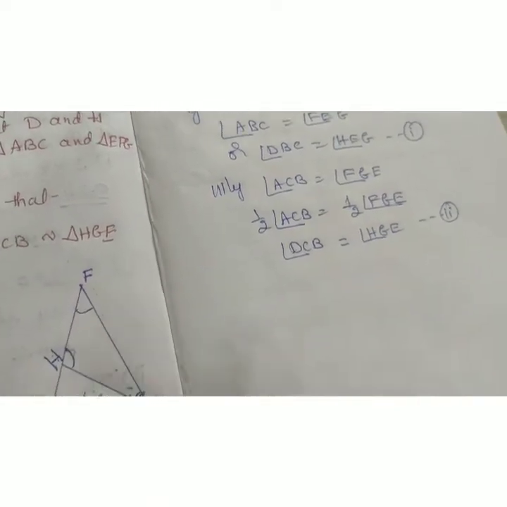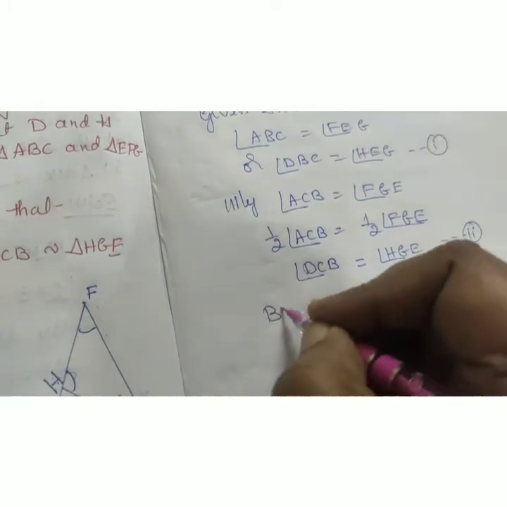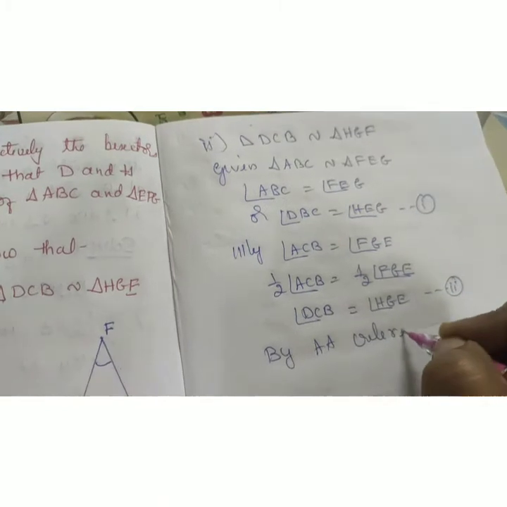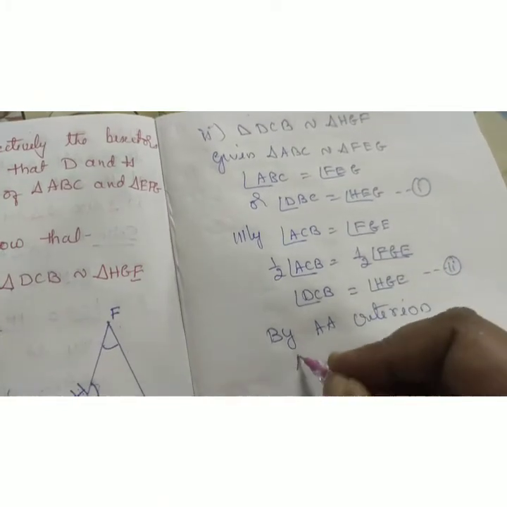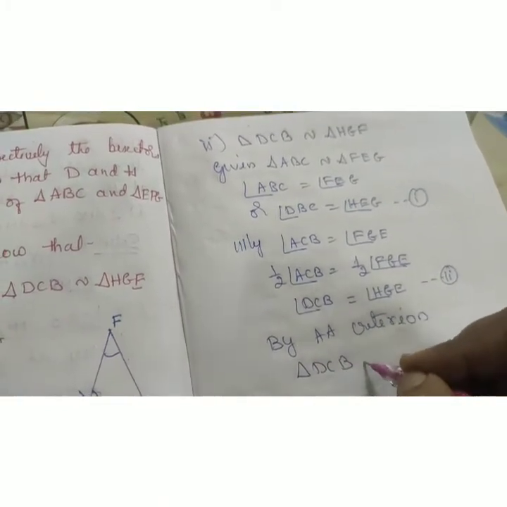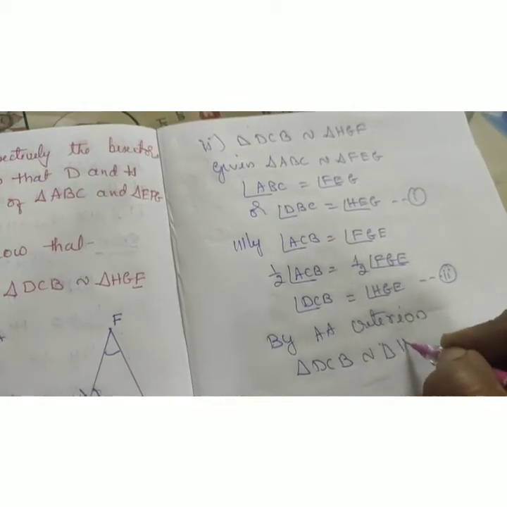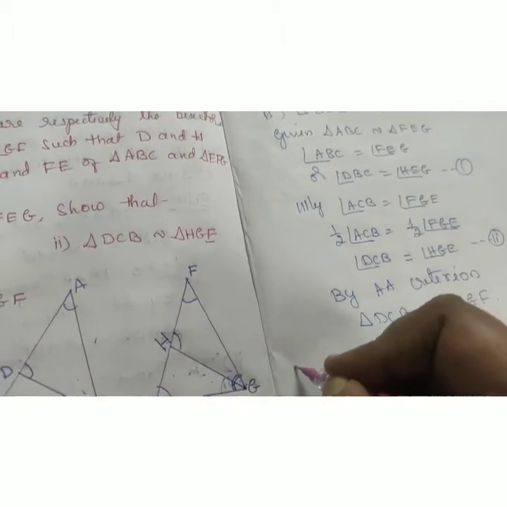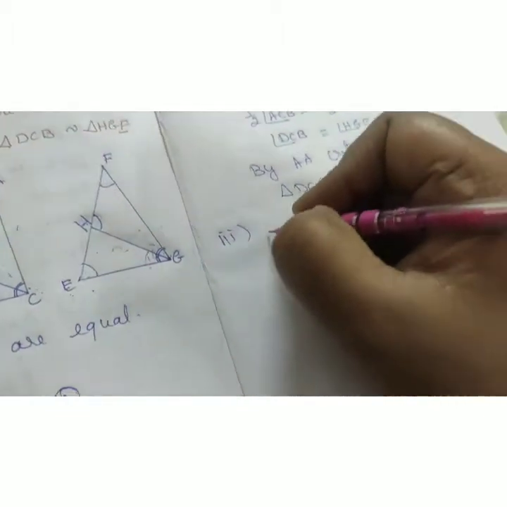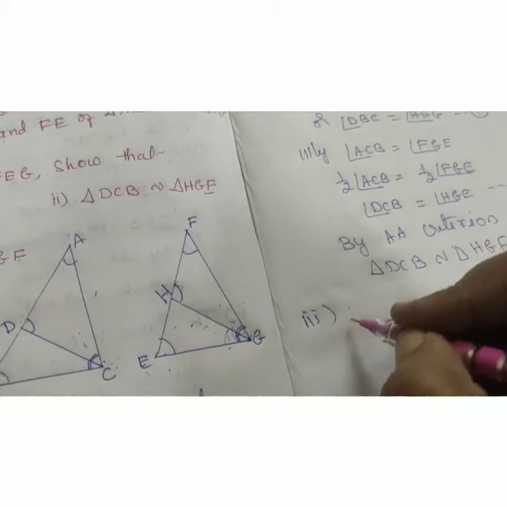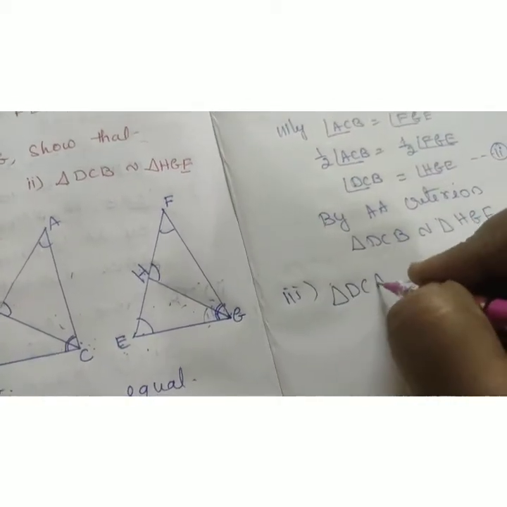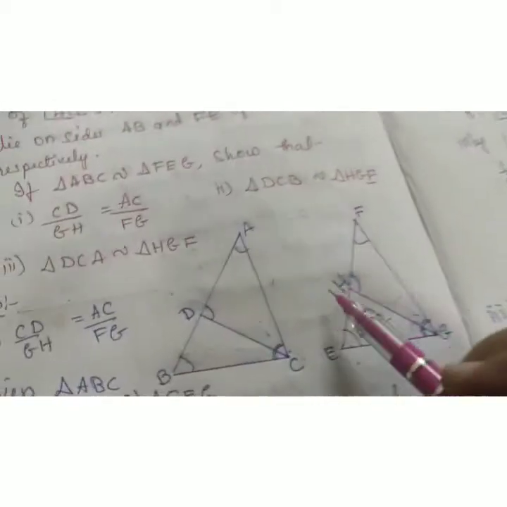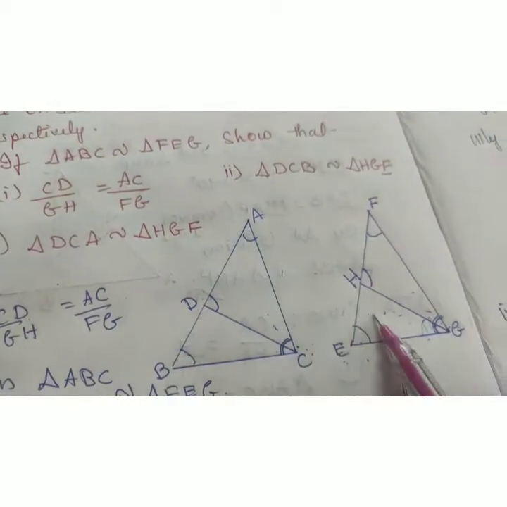Therefore by 1 and 2 we can prove by AA criterion triangle DCB is similar to triangle HGF. Similarly we can prove the third point also, that triangle DCA is similar to triangle HGF.